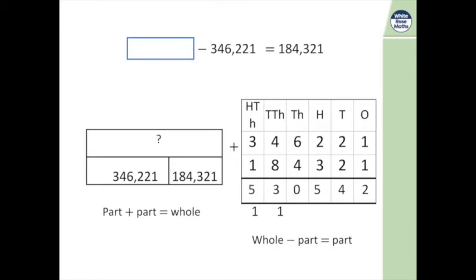And then finally, 3 plus 1 is 4, but there's 1 that we needed to add on, which gives us 5. Final answer, 530,542. That comma really helps out. So it's 1, 2, 3, comma, 1, 2, 3, comma, and so on.